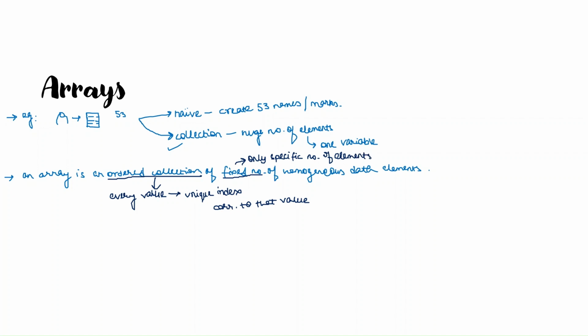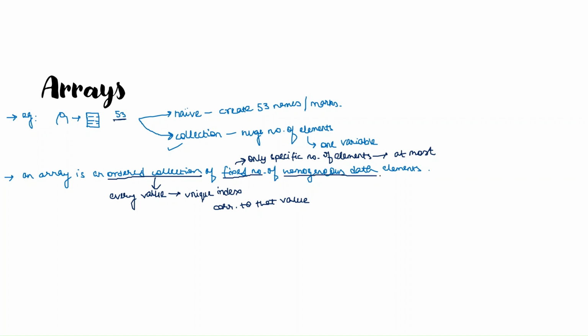So it's like if you say that you want to store 53 student names and their marks, you can at most store only that number of elements. If you want to add one more student above 53, it won't be possible because arrays are fixed in size.